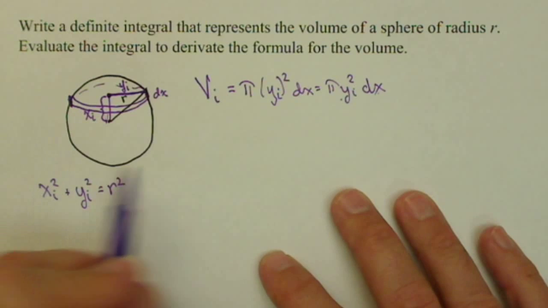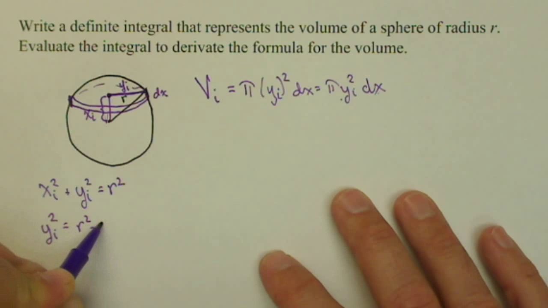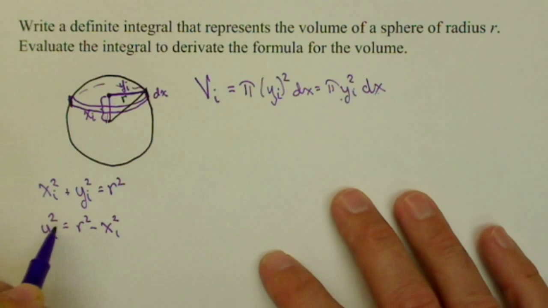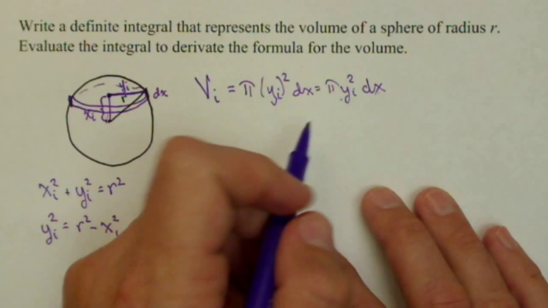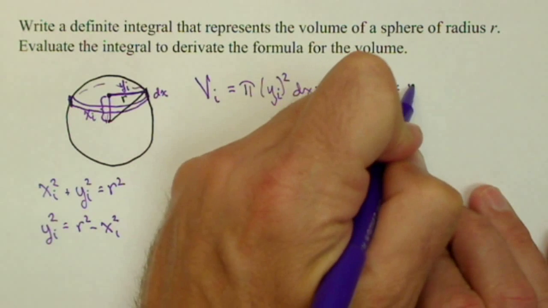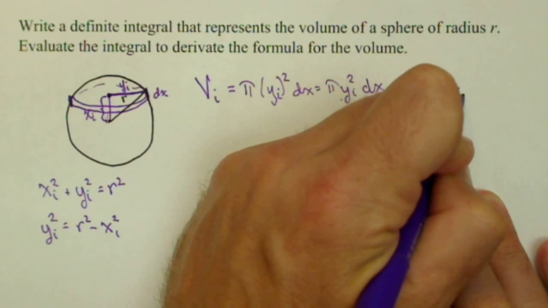And we want to sub in x and sub out y, so we just solve this for y sub i squared. We don't need to take the square root like we might on the area of a circle, because y sub i squared is actually what I want to sub for.